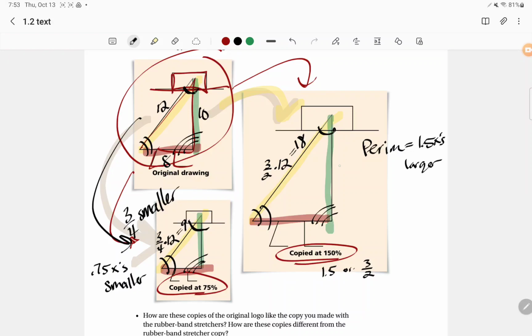Well, then this is going to be 15 and 12. And if you find the areas of this triangle, remember the area of a triangle is 1/2 base times height. So it's going to be half of 8 times 10, which is 40, and then half of 12 times 15.